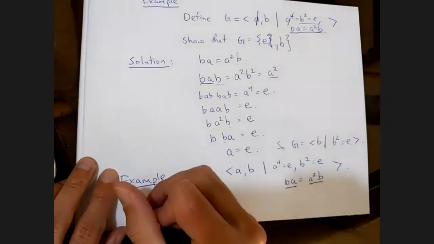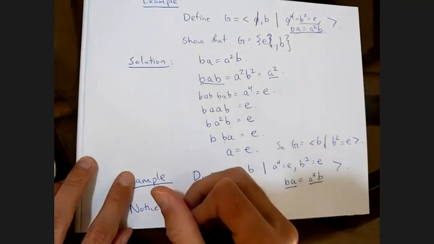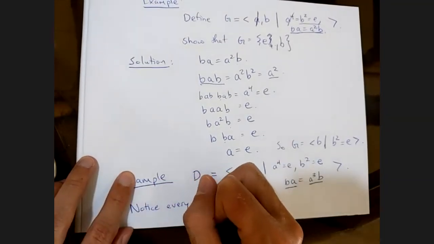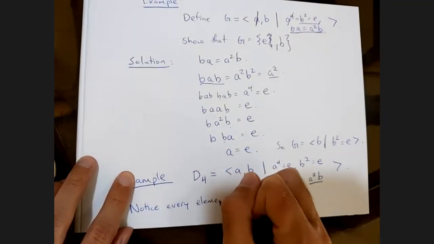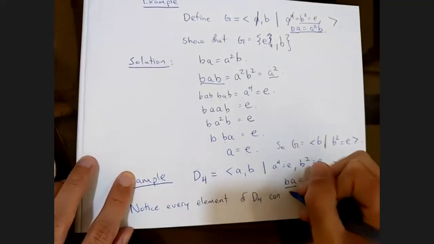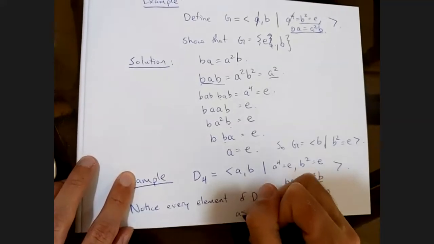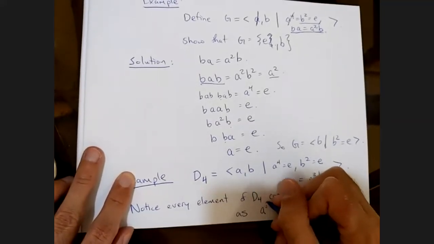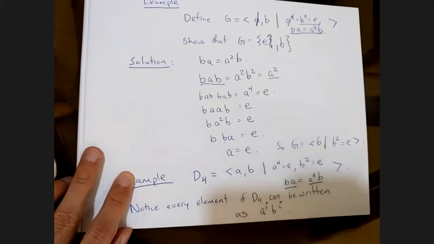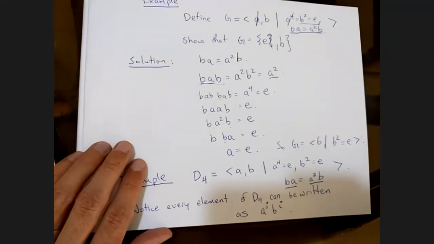Okay, so notice every element of D4 can be written as A to the J times B to the I. Let's just convince ourselves of that on the next page.